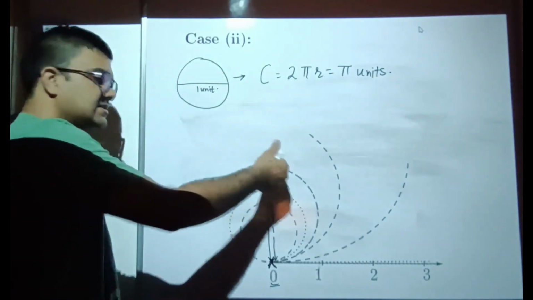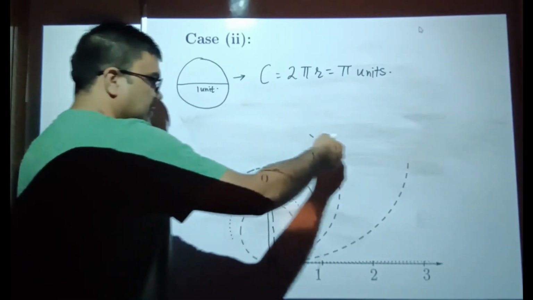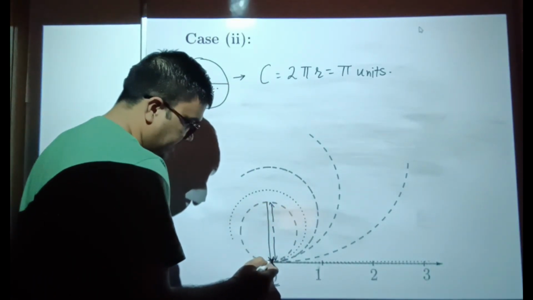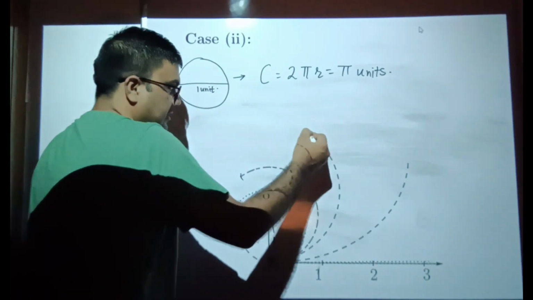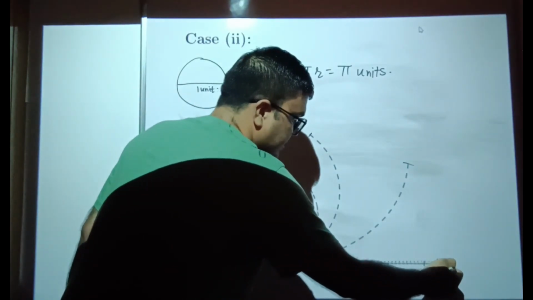When you open this circle in this way, the end point will reach over here, then over there. We open it like this, and it will reach somewhere over here.